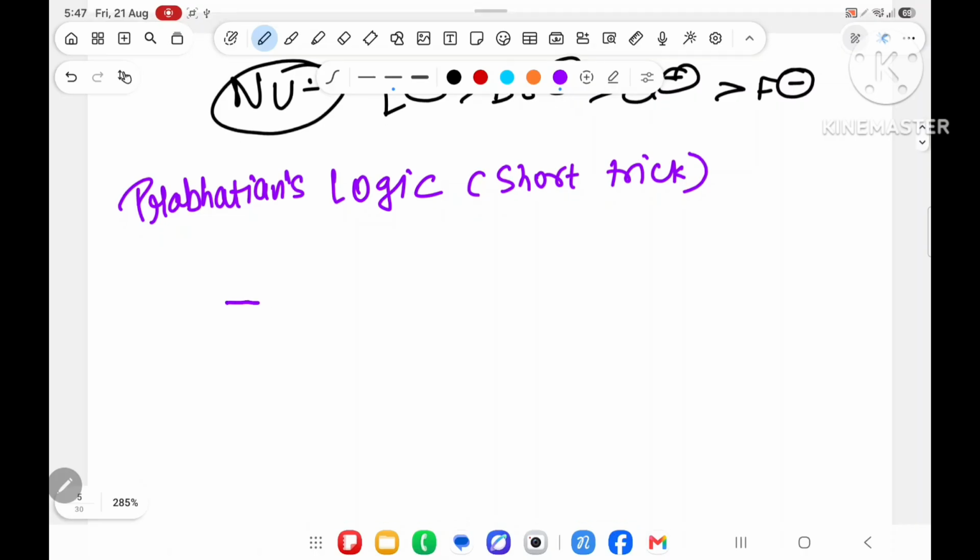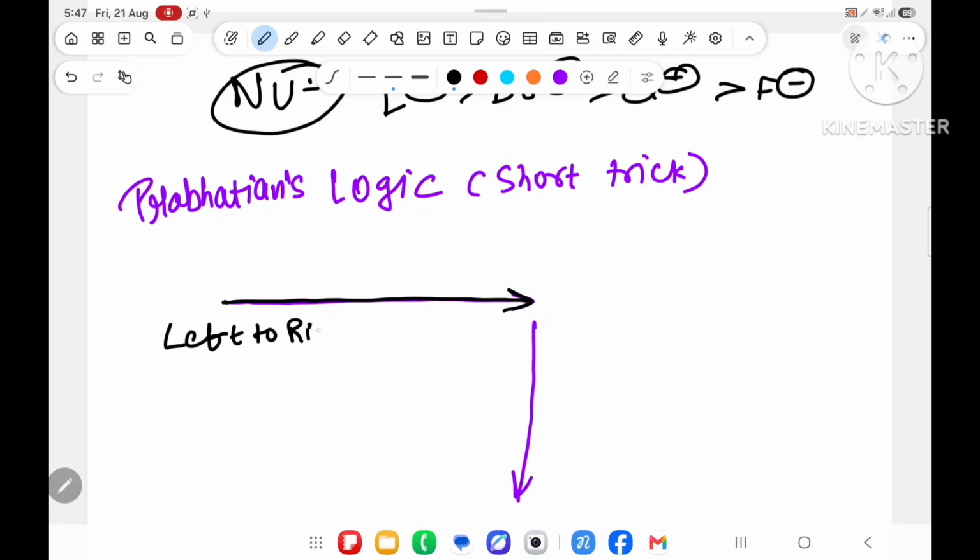Suppose you go from left to right in a periodic table and you go from top to bottom in a periodic table. Then what do you have to check?